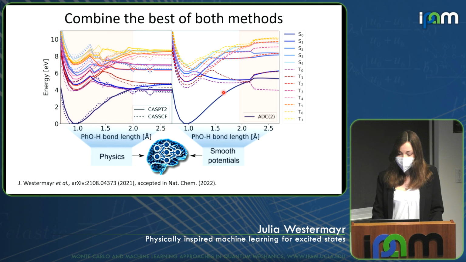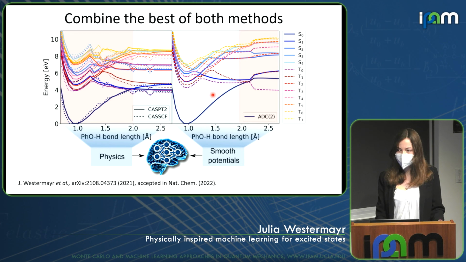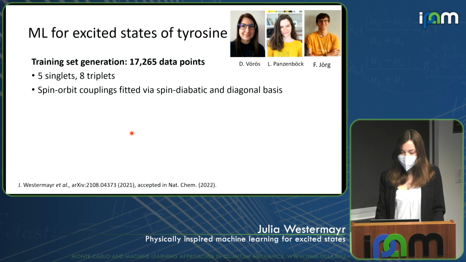So we relied on the smooth potentials in conformational regions where the interatomic distances are not that large. And whenever we reached regions where it was incorrect, we switched to multi-reference method. And then we adjusted the potentials such that they matched the single reference methods. And in this way, we generated a training set.